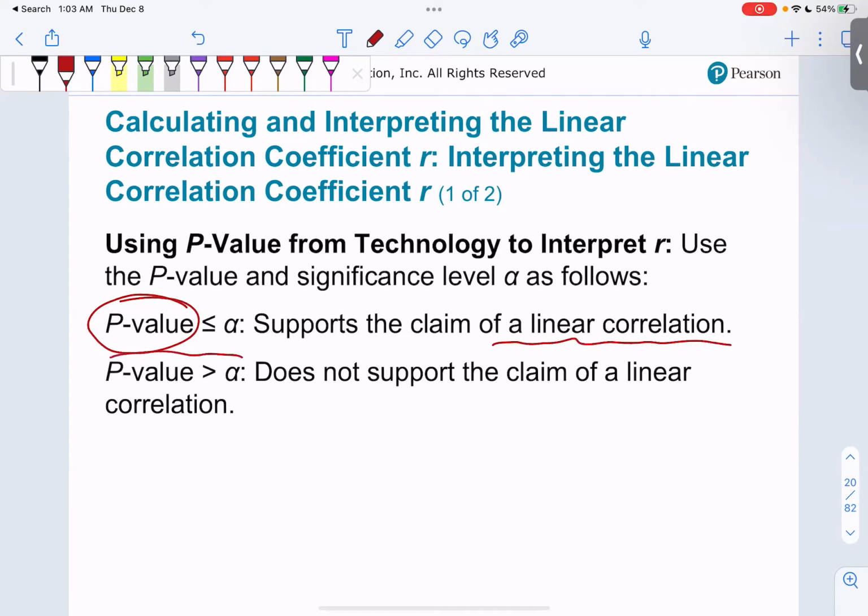If this P value is greater than alpha, then we say no, we don't have proof that this relationship is really linear between those two variables. And if you remember, alpha is the probability that we will fall in type 1 error. This value is usually 0.05.